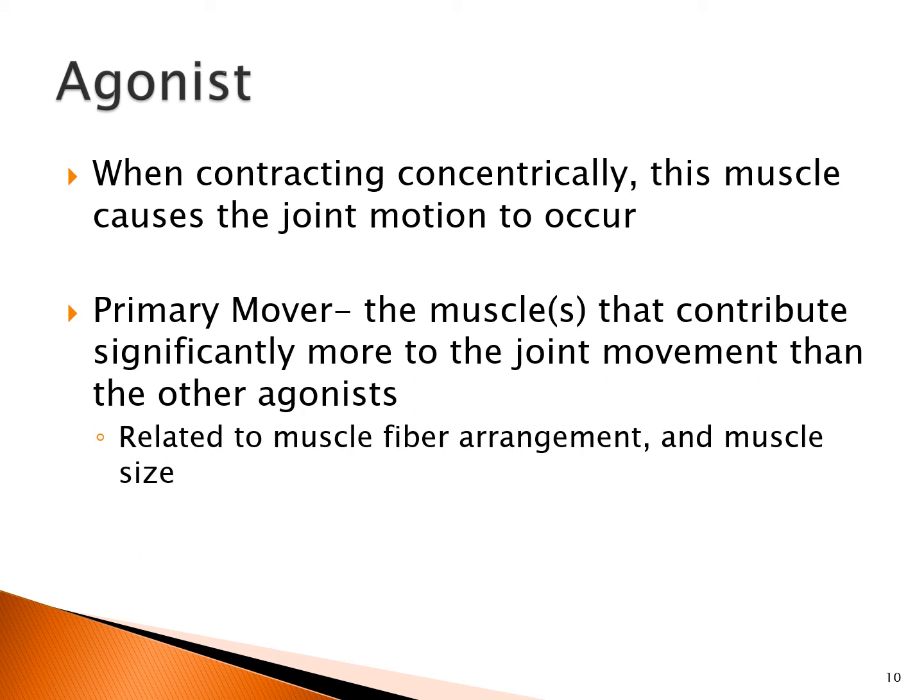Okay, an agonist, again, when contracting concentrically or having that shortening, is what causes the joint motion to occur, also known as the primary mover, and the muscle that contributes significantly more to the joint movement than any other agonist. This is related generally to muscle fiber arrangement, usually to muscle size.